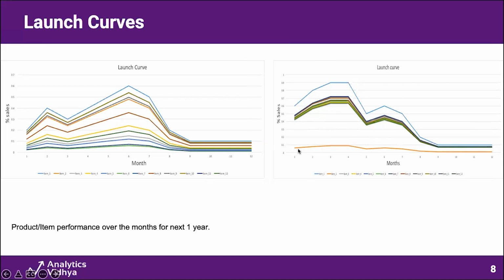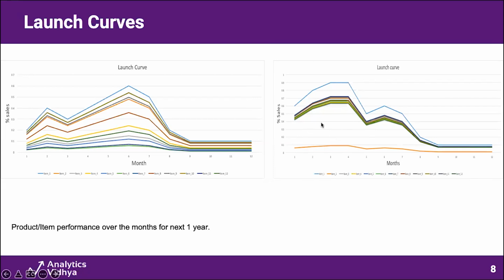It's a very bad launch, I would say, because in the launch month itself you are making less than 0.1% of sales, and then it's almost constant, then goes below that, and then suddenly dies out. So this is a situation where your data set looks like this, but you're not able to understand the pattern. If there are a lot of such points, first you need to understand what is happening.